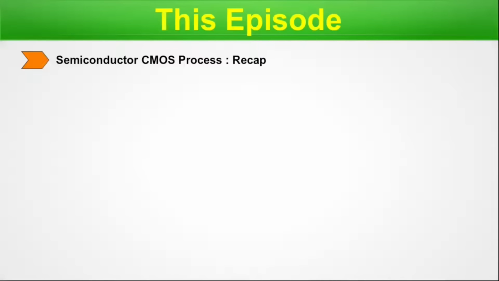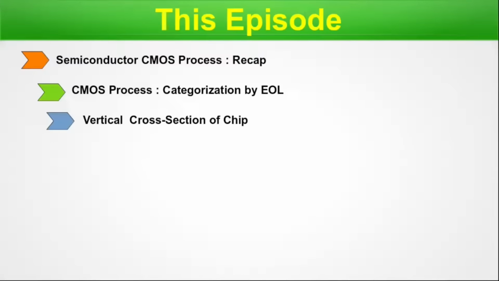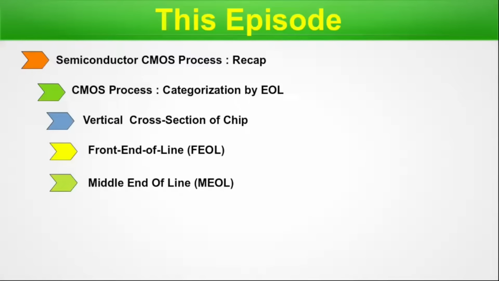We will do a quick recap of the semiconductor fabrication process or CMOS. Next, we will do the categorization by end of line for the entire CMOS process. We will explain different end of line parts by a vertical cross section of a chip. We will go further in detail in front end of line. Then we will cover the middle end of line.